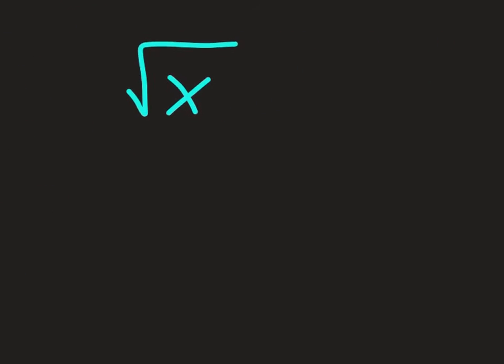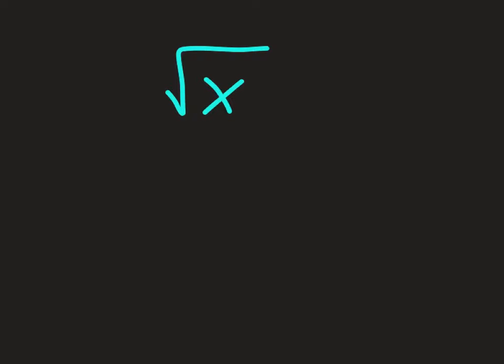Now when we have the square root of x, this is where things get a little bit tricky. So what can we not have under a square root? We cannot have negative numbers. Can't have negatives.